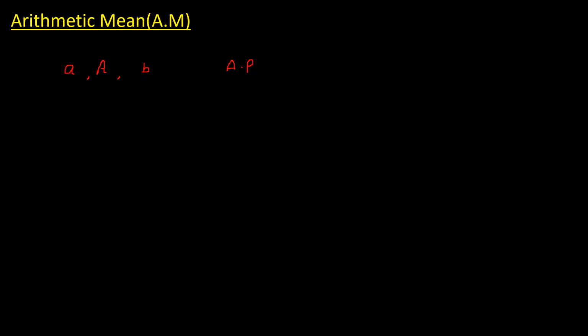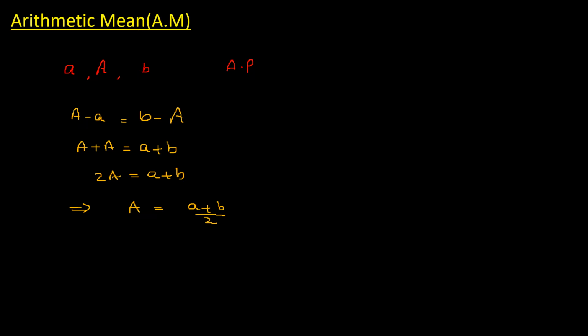So if this is in AP, then what is the condition for it? We know that the common difference must be the same. If we take the difference between the first two numbers and the last two numbers, they must be equal, which makes it A minus a equals b minus A. So we have to find this A, which gives 2A equals a plus b, and this implies that A equals (a plus b) by 2.